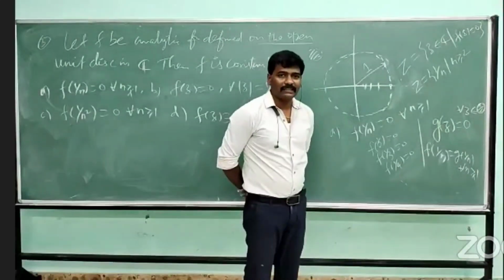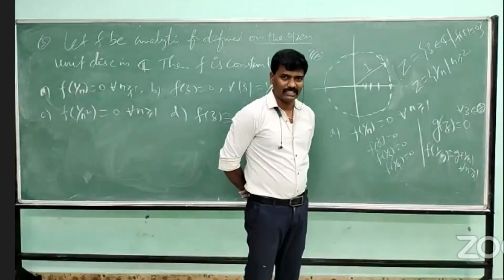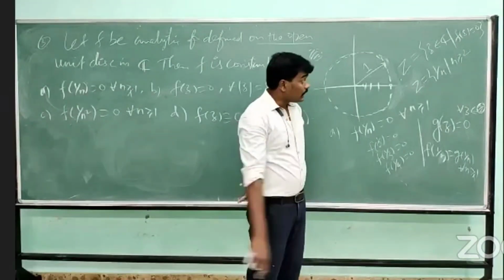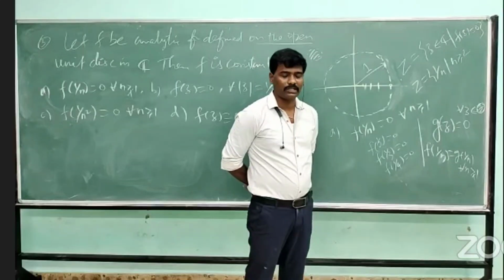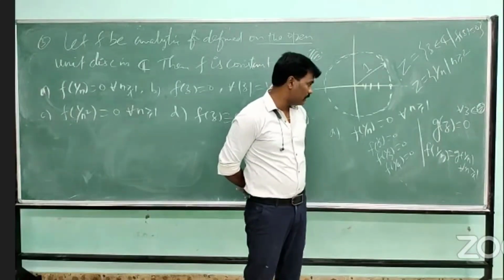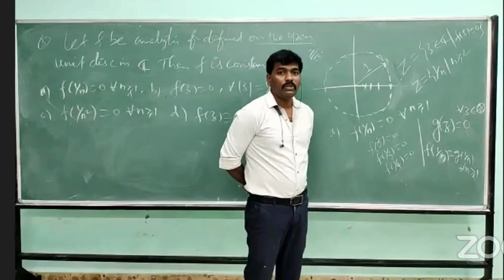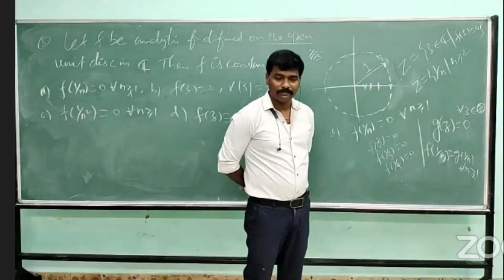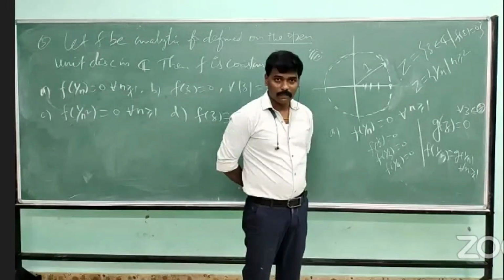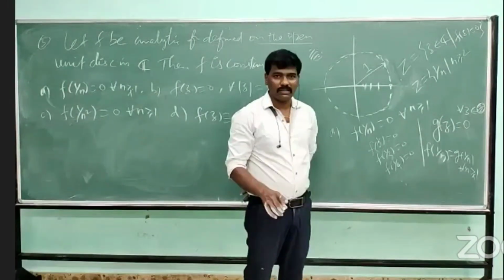F and g are agreeing, right? F is analytic, and g is also analytic. Zero is a constant function, and all constant functions are analytic. Two analytic functions are agreeing on the set 1 by n, which is a sequence.